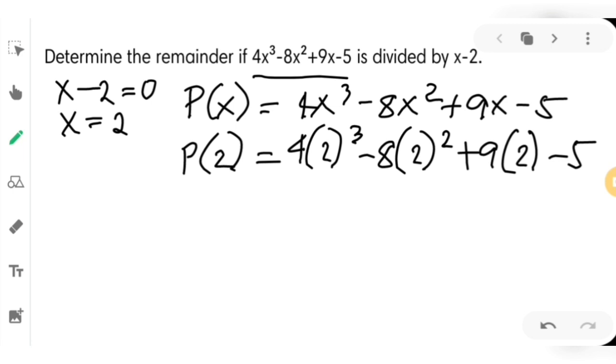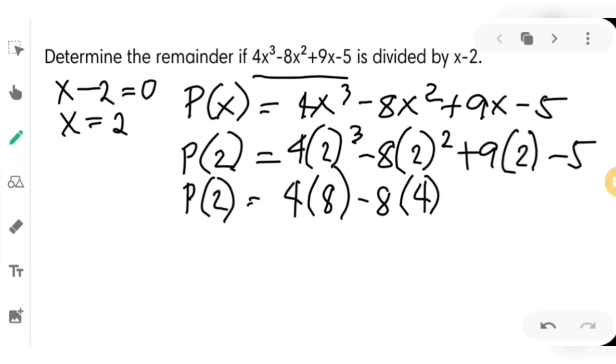By following the order of operations, we will get first the power. So we have p of 2 is equal to 4 times 2 raised to 3 is 8. It is not 6, because 2 raised to 3 is equal to 2 times 2 times 2. Then minus 8 times, 2 raised to 2 is 4, plus 9 times 2 minus 5. Then we are going to multiply.